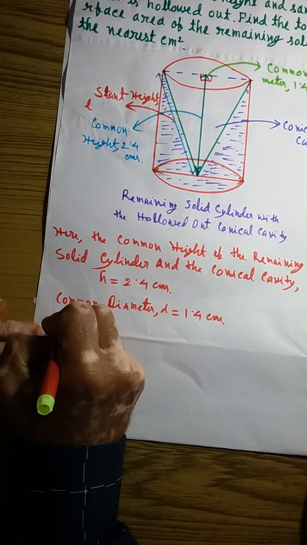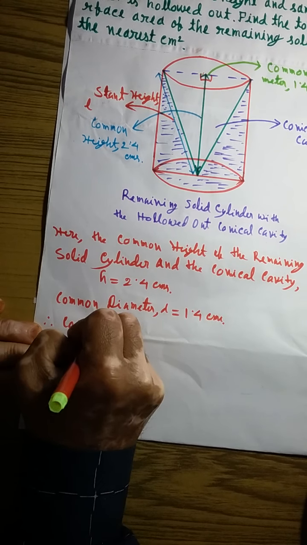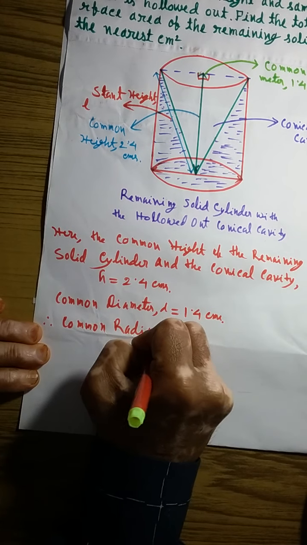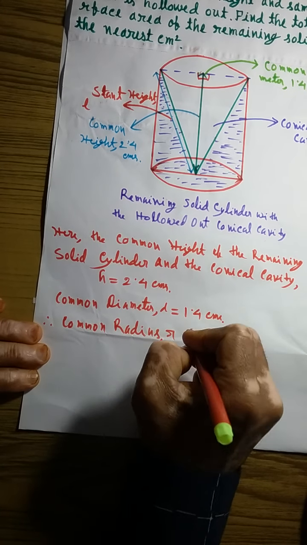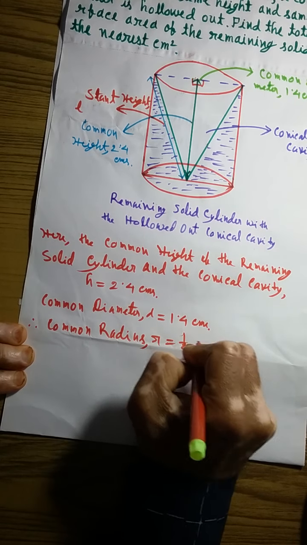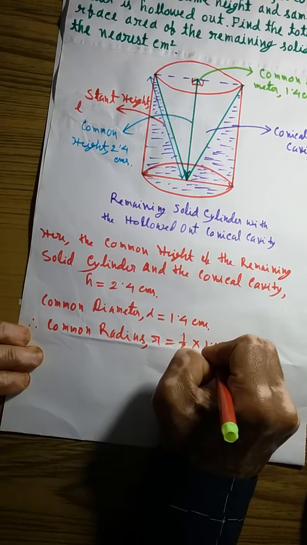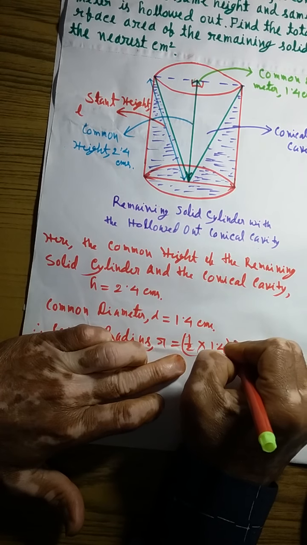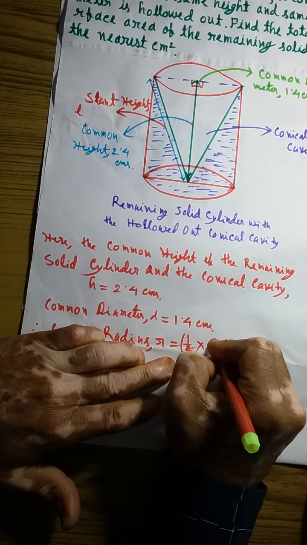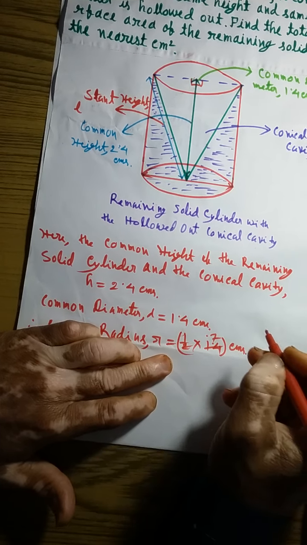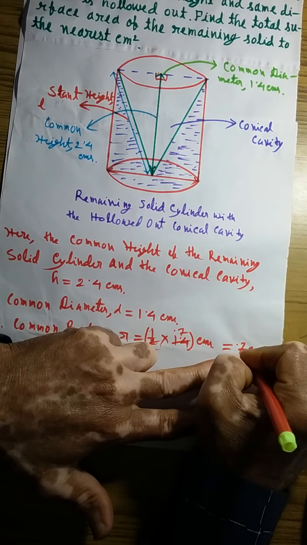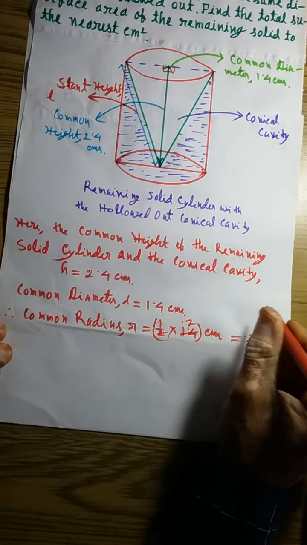Therefore, common radius r is equal to half of 1.4 centimeters. 2 7 14, we will have 0.7 here, which is equal to 0.7 centimeters.